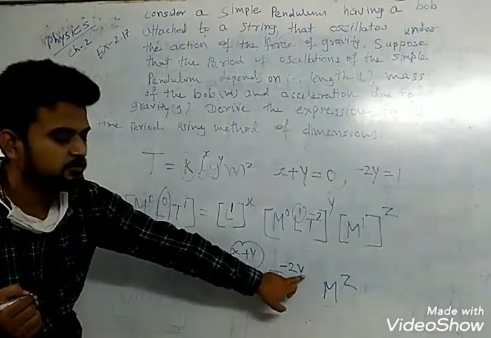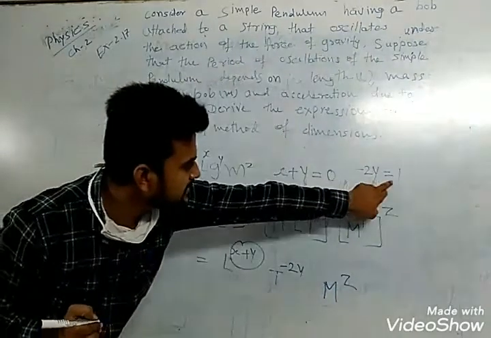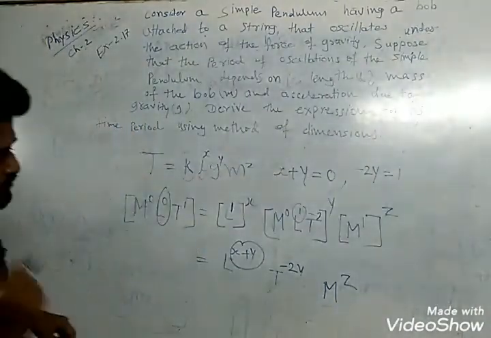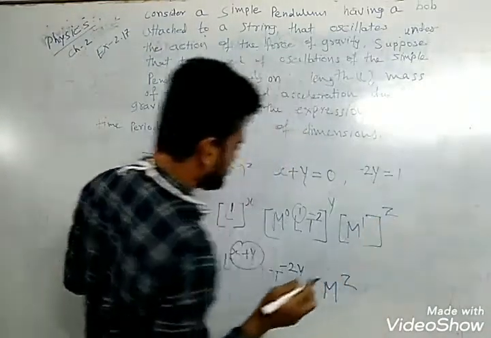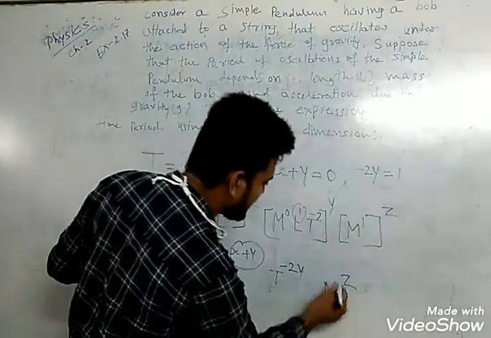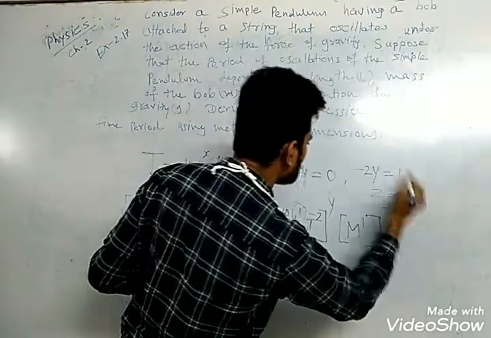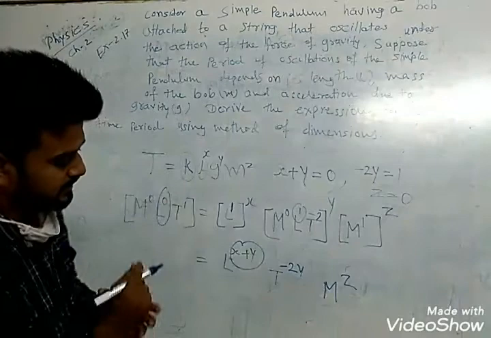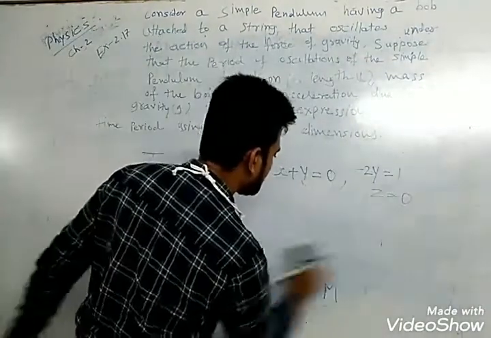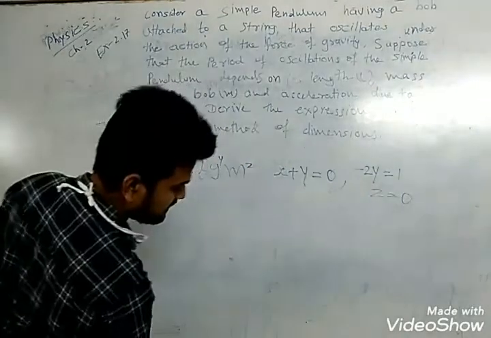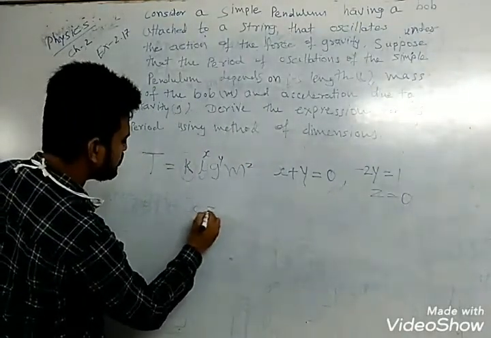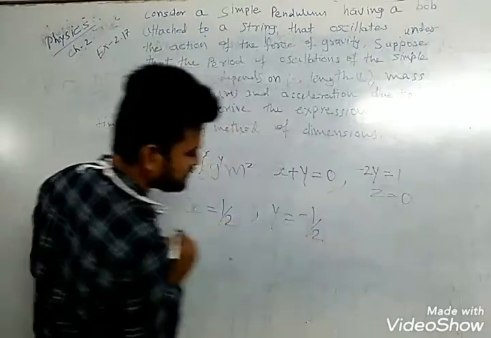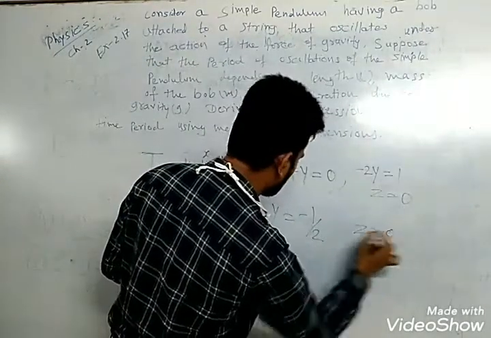And last, for m, z is equal to 0, because M⁰. So x = 1/2, y = -1/2, and z = 0.